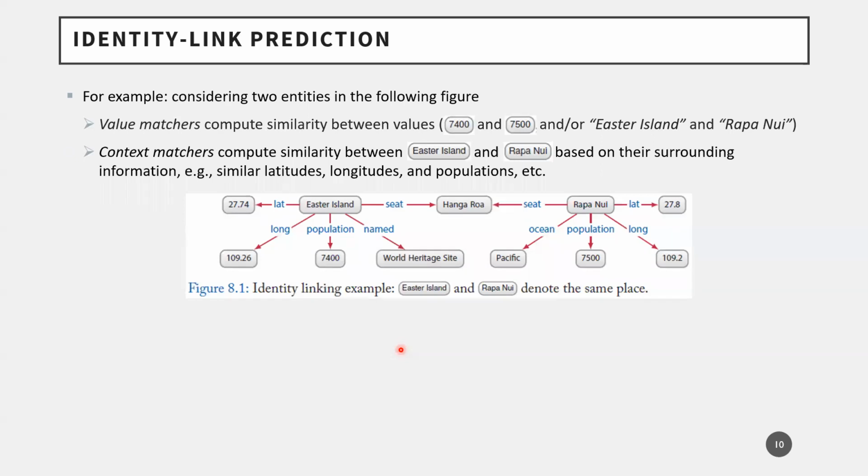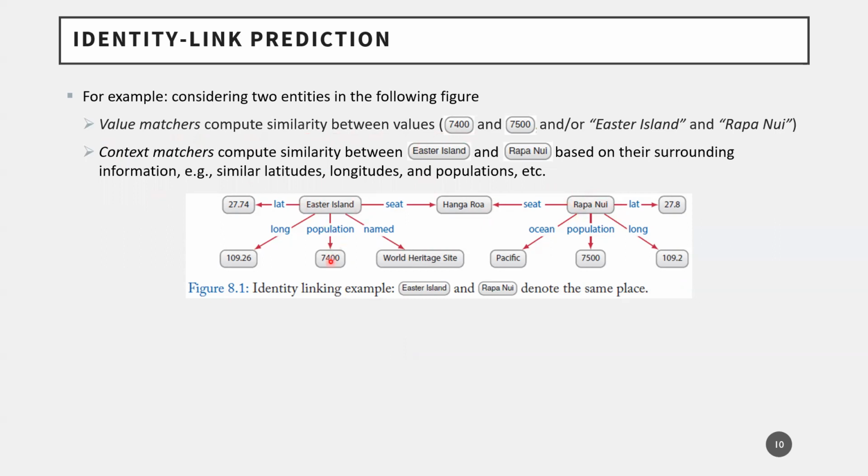Let's take an example. We consider two entities, Easter Island and Rapa Nui, and we try to determine whether these two entities are the same or not. If we approach with value matches, we can compute similarity from their values.